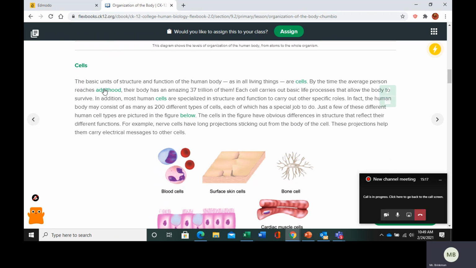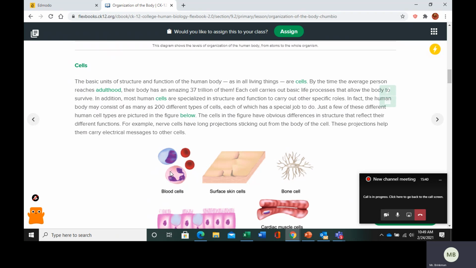So cells are the basic units of structure and function in the body. In all living things, this is the smallest unit of life that is able to carry out all the functions of life. All right.